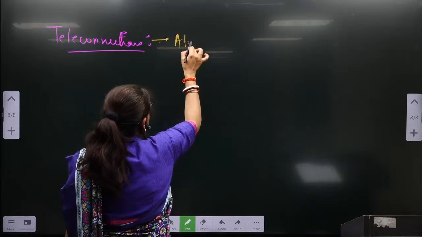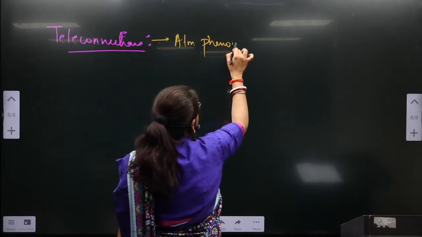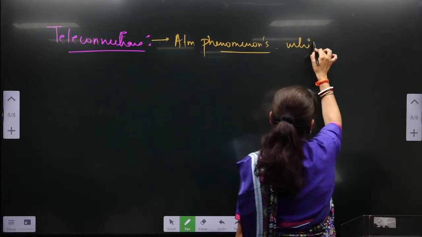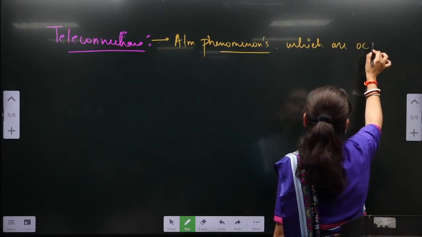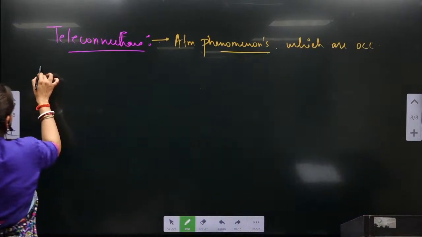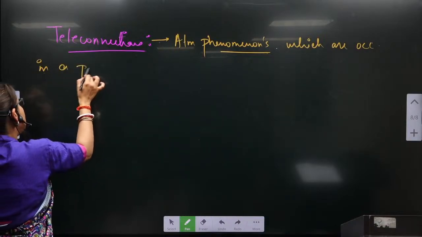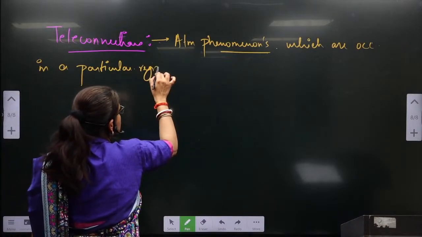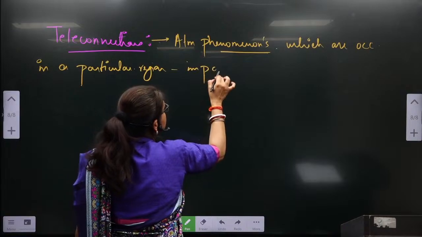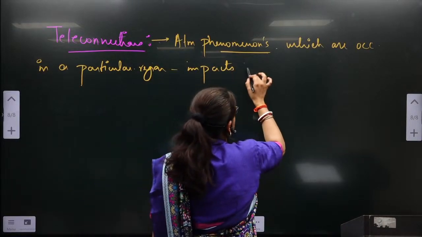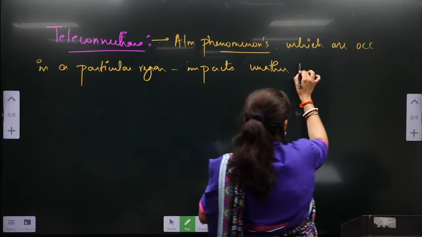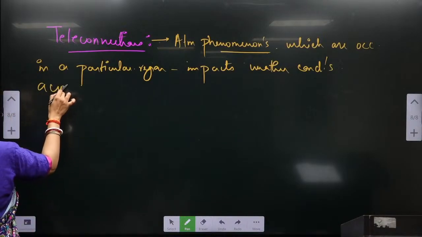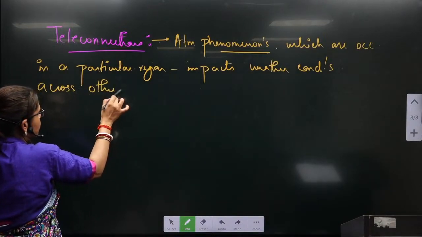So atmospheric phenomena which are occurring in a particular region impact the weather conditions across other regions of the world.